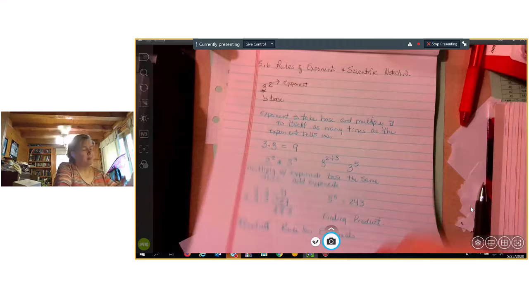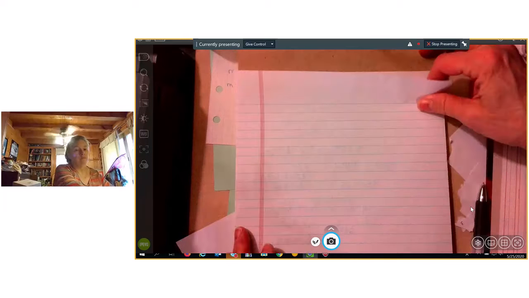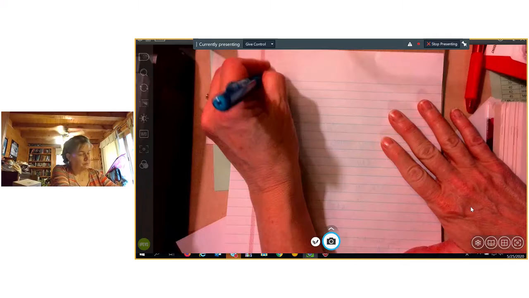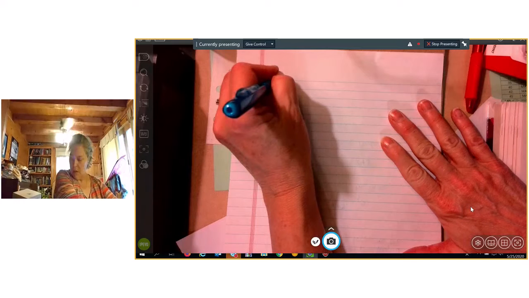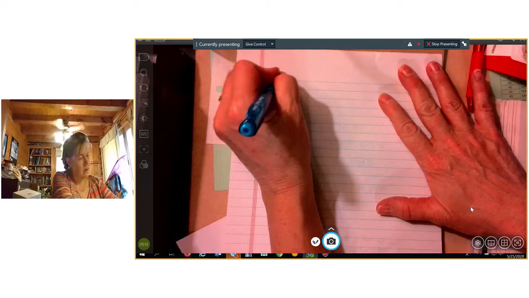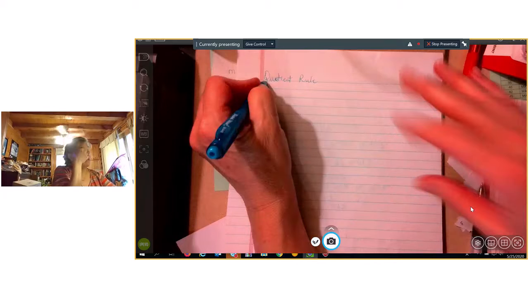Now, the quotient rule, and for some reason my spelling doesn't want to cooperate. And quotient means that we're going to be dividing.